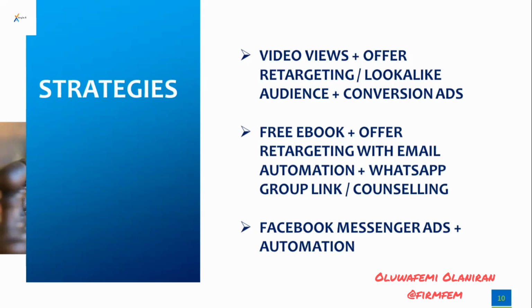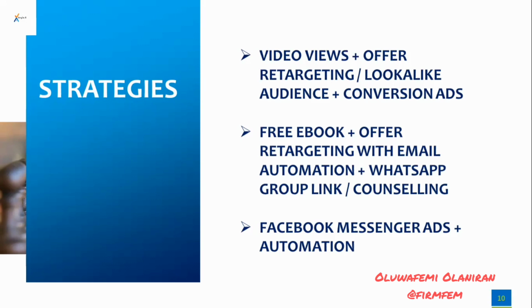Another strategy that you can use is a free ebook plus retargeting with email automation. So you have a free ebook. Before anybody can download your ebook, they're going to give you their email. So it is from that email that you now begin to build a relationship with your audience. You begin to send them solutions to some of the problems that they are having, and from there you can develop a relationship with them.